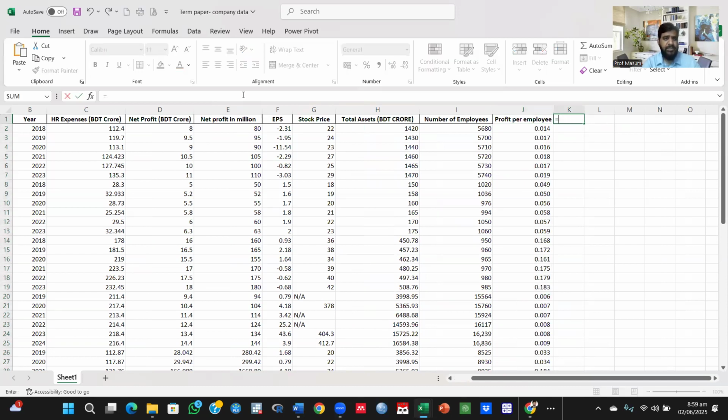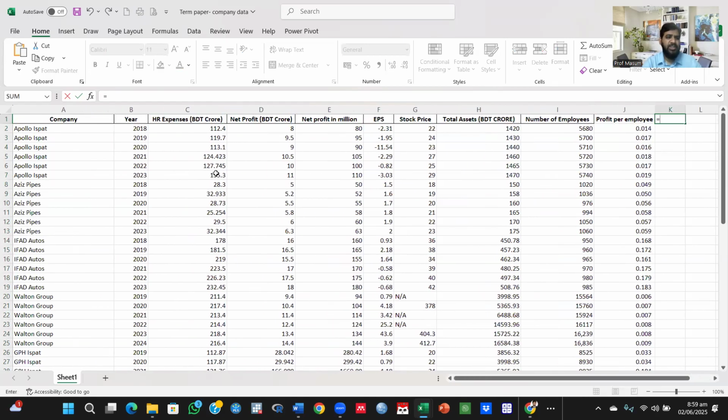And then this second variable was operating expense. Operating expense is also not available here.